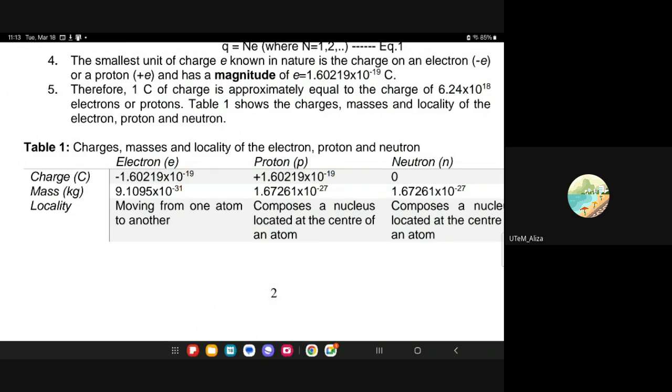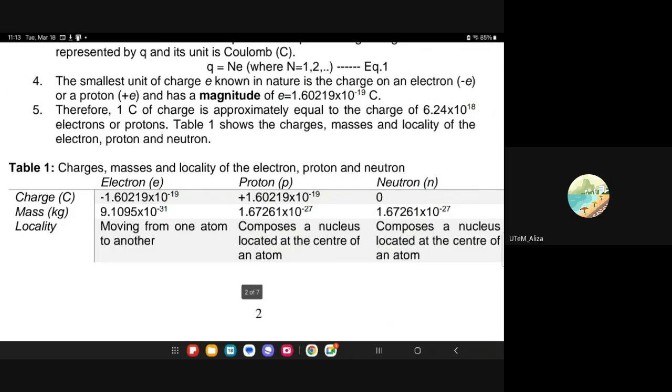Okay, so when an electron leaves a body, a mass, the body is said to be positively charged because it is losing one electron, one negative charge, right?